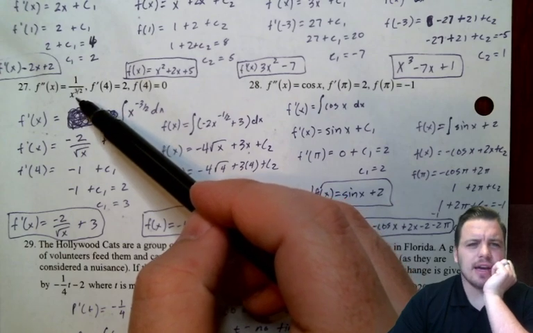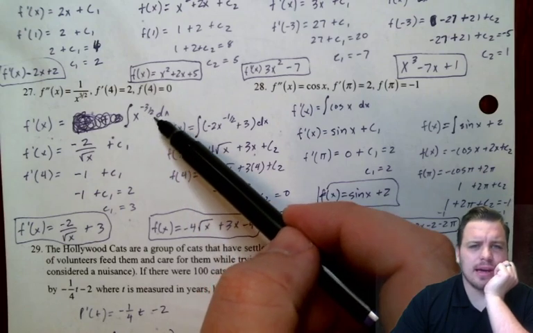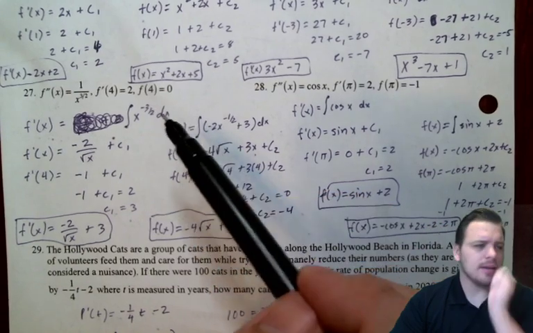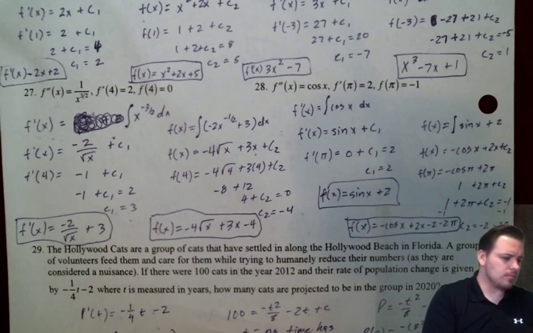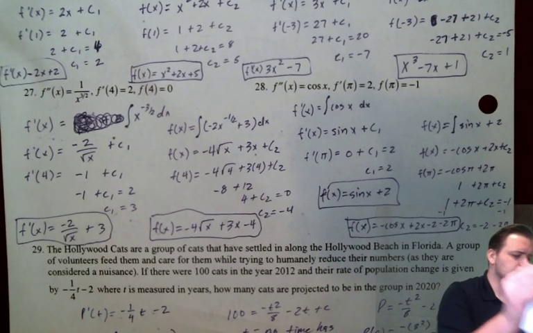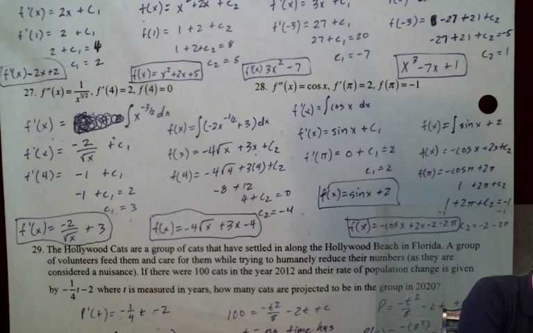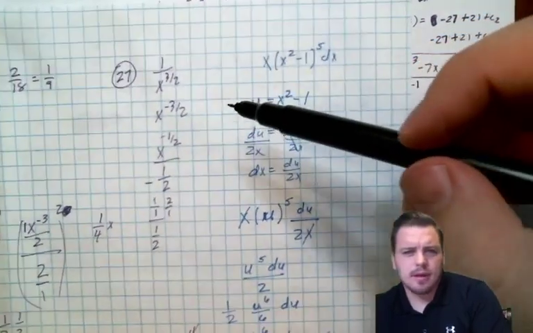Now looking at 27. X to the 3 halves. If I push that up, it becomes x to the -3 halves. So I just want to integrate that. So increase it, okay? I probably did this somewhere on paper. So here is me working out this.